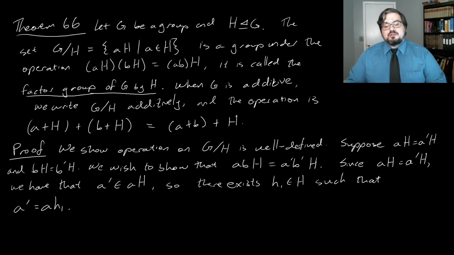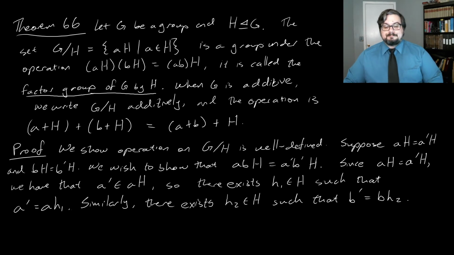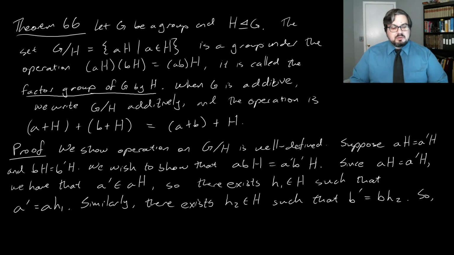Another way of saying that the two cosets are equal is to say that the two representatives differ by a factor that belongs to the subgroup H. Similarly, there exists H2 in H such that B prime is equal to B times H2. So let's look at what we've got.